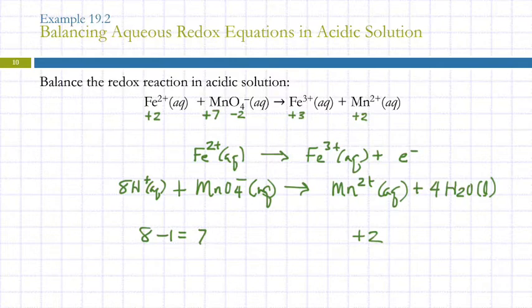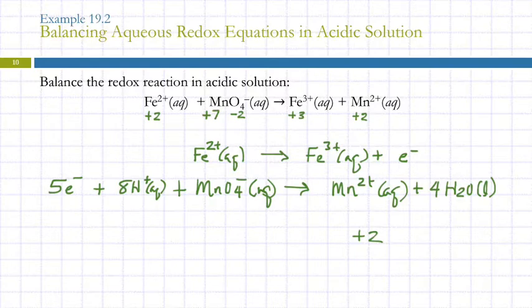So if I add 5 electrons, then I've got another -5, and now I've got +2 on both sides. Okay? The math isn't hard, but it can make your brain hurt thinking about it. So you balance the charges by adding electrons.